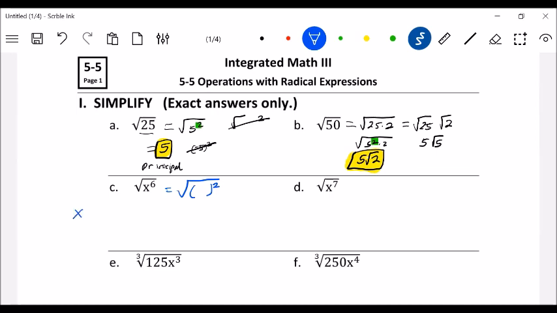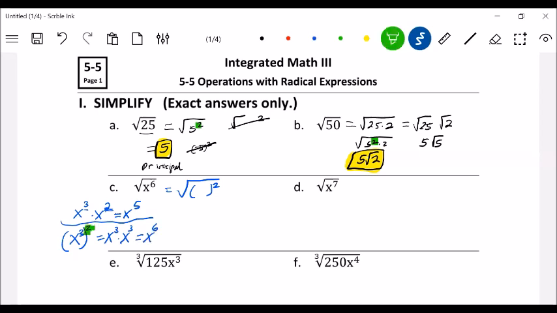Well, we know that in exponents, if you have the same base multiplied, then you add the exponents to make x to the 5th power. The other thing to do is that if I have x to the 3rd power squared, that's the same as x to the 3rd times x to the 3rd. Add those together and I get x to the 6th.